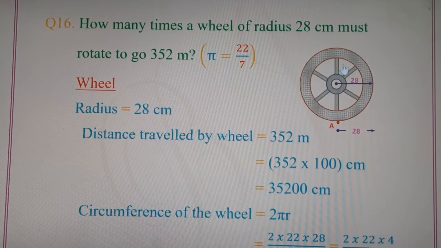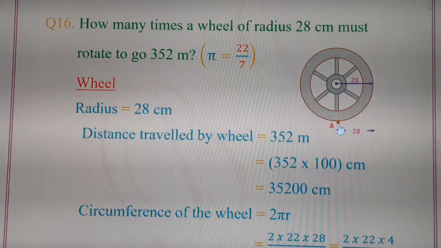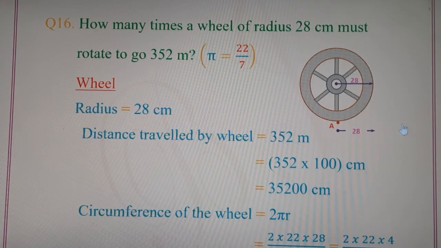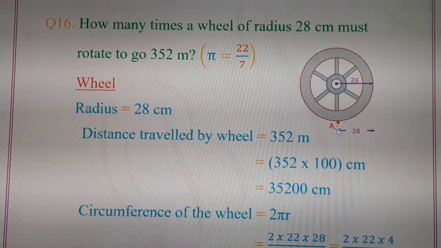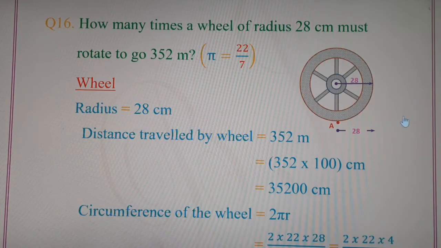As the wheel moves forward, point A will be here originally, and when the wheel rotates and point A reaches the same spot on the ground, the distance between this A and the next point will be the distance traveled by the wheel. So when A is at the bottom and it rotates and comes back to the same point, the wheel has traveled a little bit forward, a distance equal to the circumference of the circle. So as the wheel is rotating, the wheel is also moving forward.